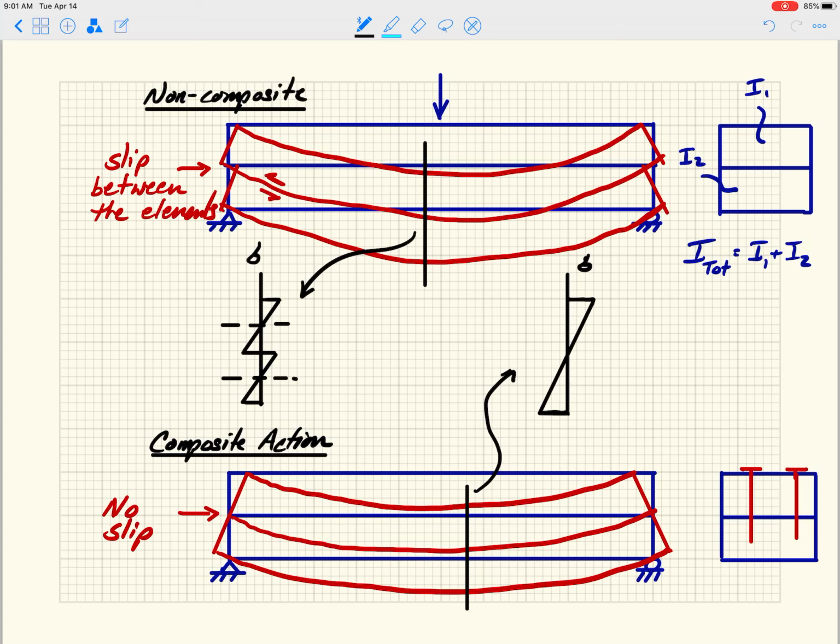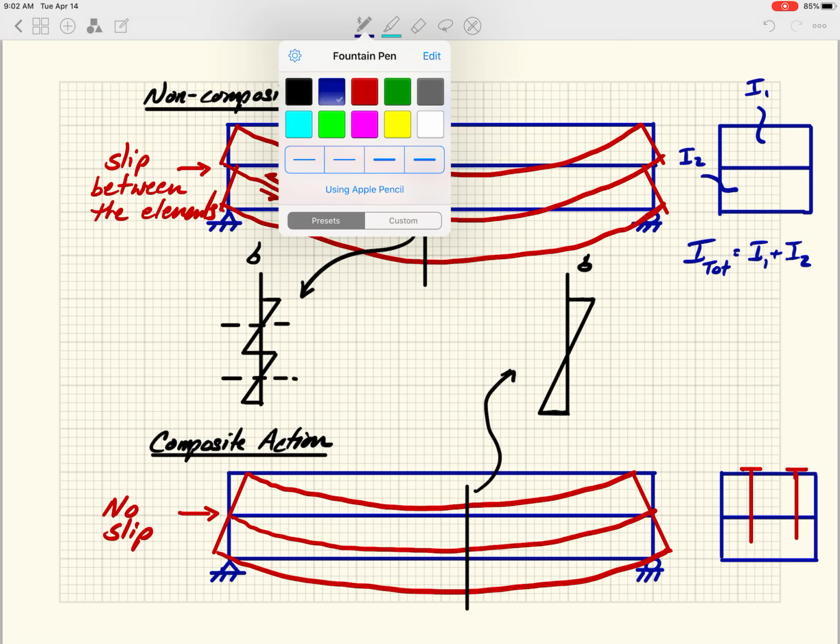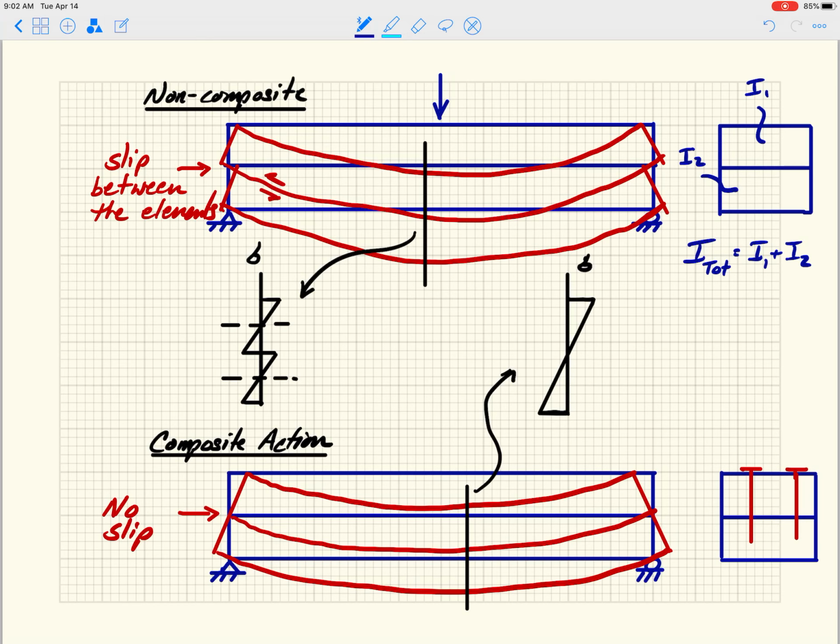I'm drawing it so it looks like it has similar magnitude, but it turns out the stress goes way, way down for a composite cross-section. Why is that? Well, it's because the moment of inertia is so much more.